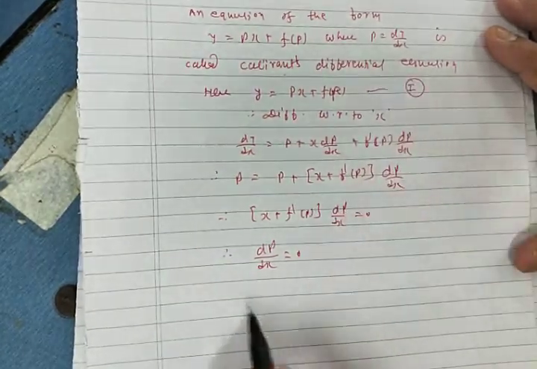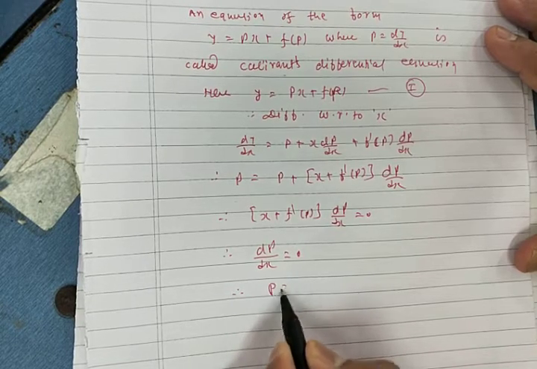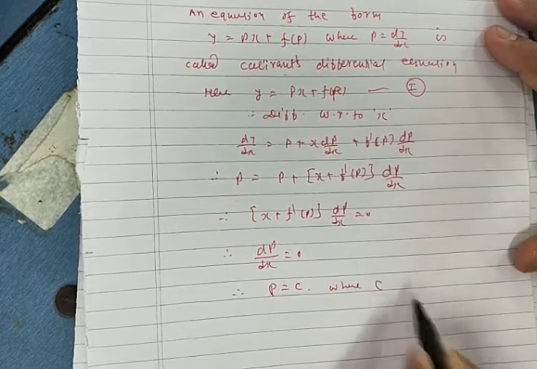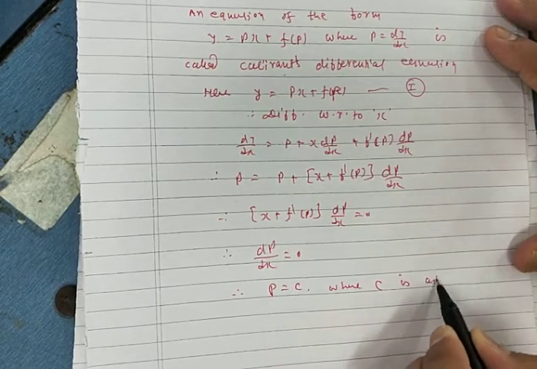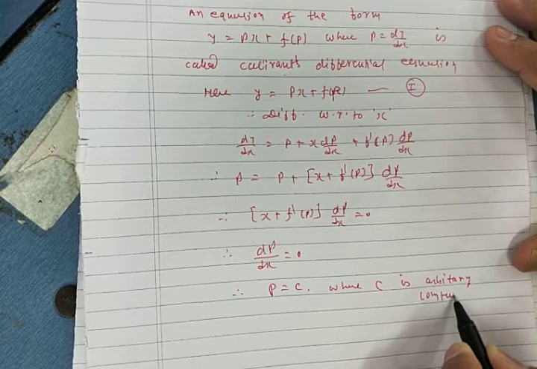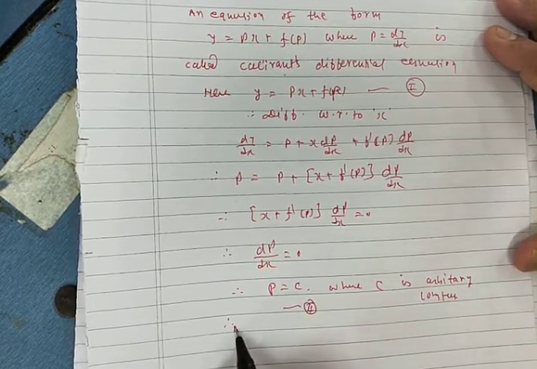Say equation number 1, and therefore what we get? p is equal to c, where c is an arbitrary constant, say equation number 2.